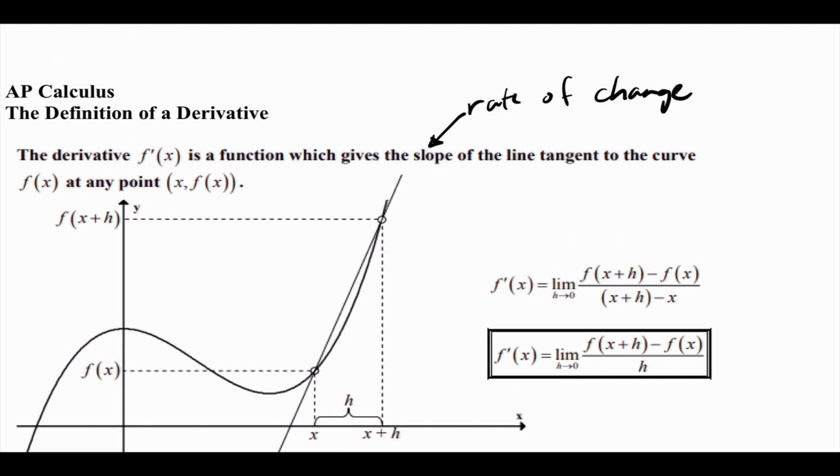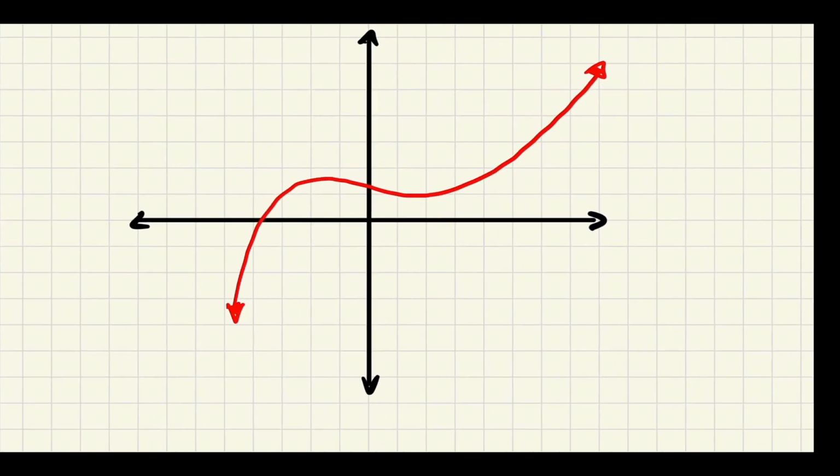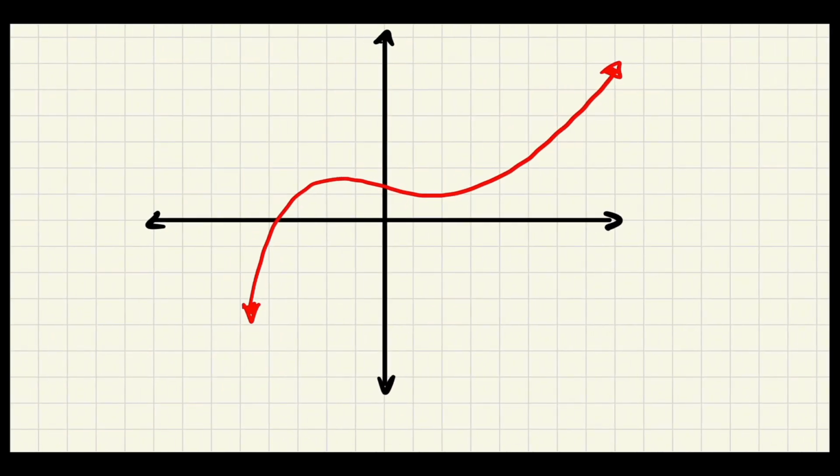Tangent line. When I'm talking about a tangent, I'm not talking about trig, like sine, cosine, tangent. I'm talking about something that is tangent to something. I'll give you an example. So let's say this is my graph. The red one is the graph. A tangent line would look something like this.